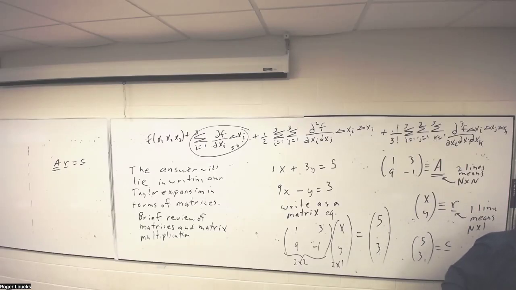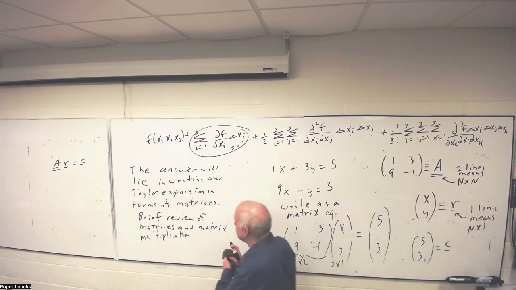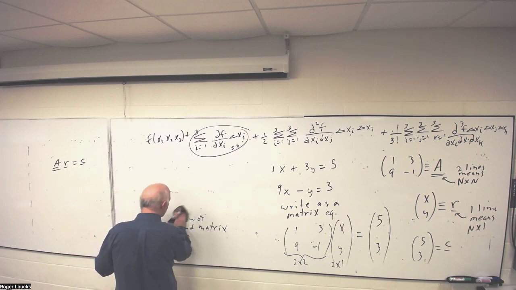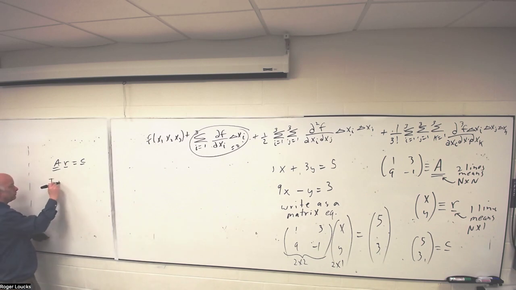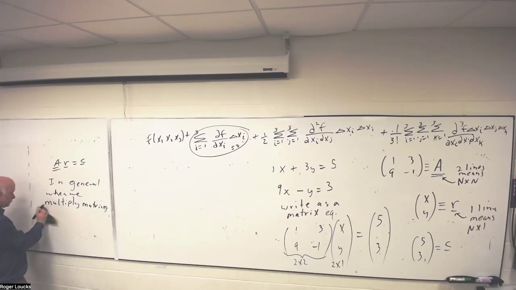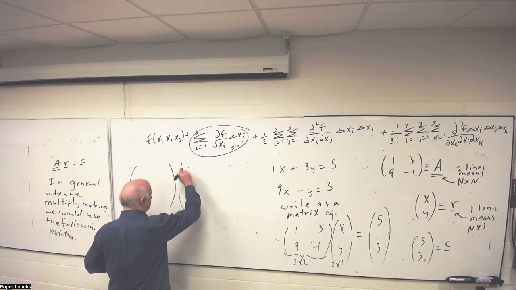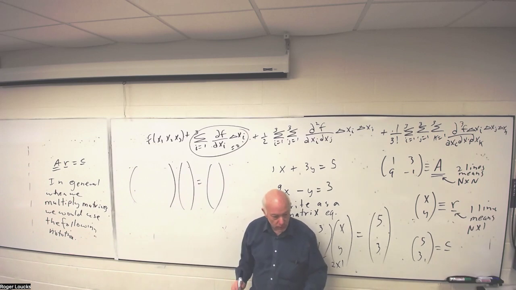Now, in general, how would you write this? We write it like the following. So in general, when we multiply matrices, let's say I have a big matrix like this equaling something like this.